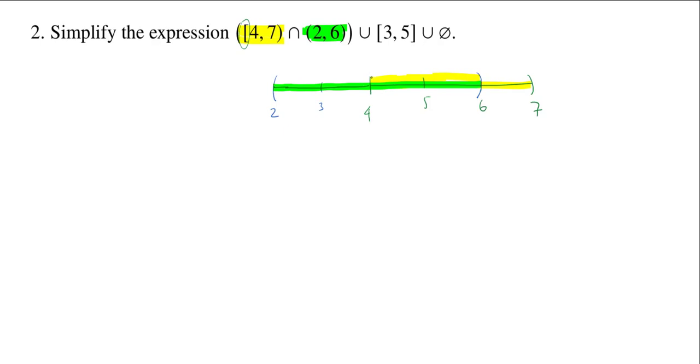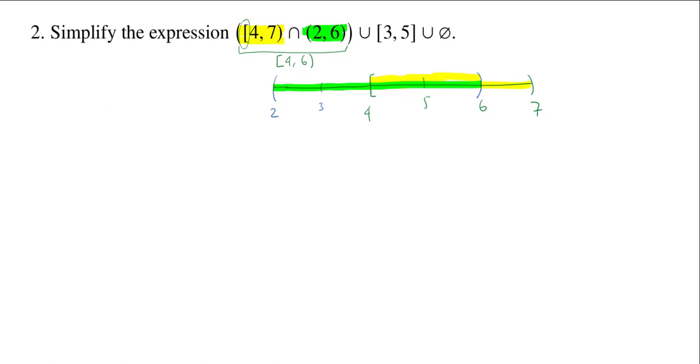Then we had that here. And that is still inside this set. The yellow from 6 to 7 we lose, and we don't get to include the 6 even because that's not in the set 2 to 6. So at this point, if we just stopped right here, we would have all of the numbers between 4 and 6, including 4, but not including 6.